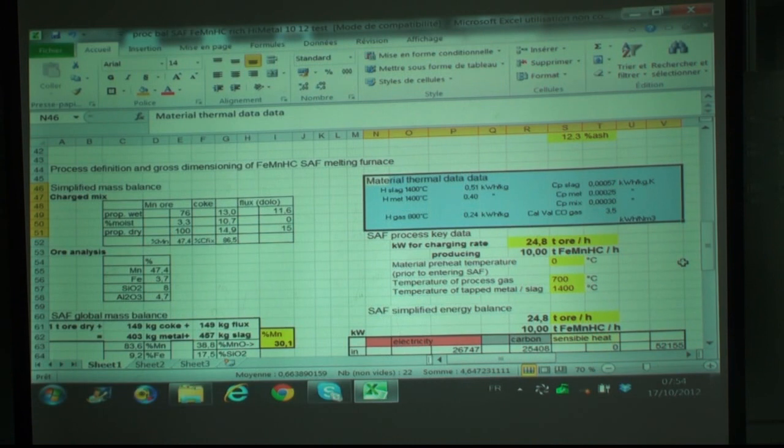Now the question is, what is it at 1300 degrees? Just before all, to give you an idea, the enthalpy of the solid is like this.